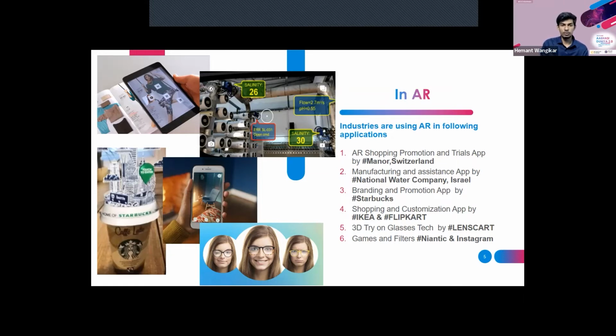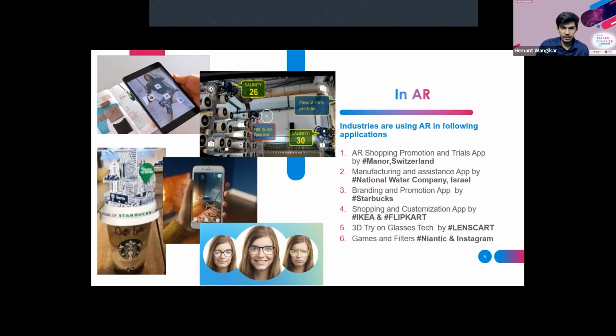Imagine you just open the camera, switch to the front camera, and you can see the ornaments, the makeup, the lipstick, you can even check the rings and all the stuff, right? So you can experience those things with AR trial apps without even purchasing, without even going to the store. You are seeing what it will look like on you, right? That's the app they have made in Monor.